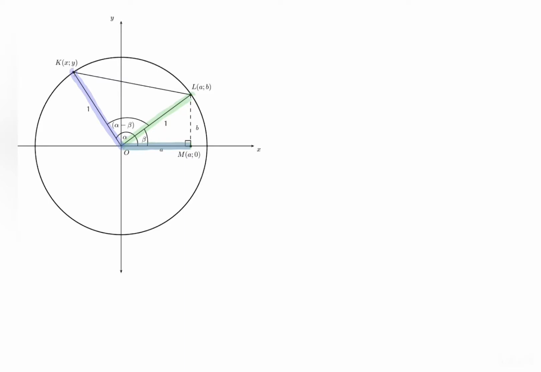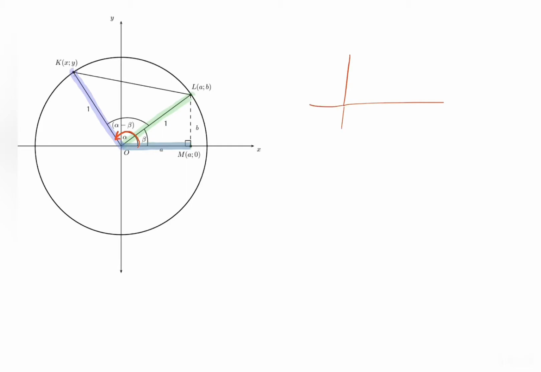So it is the positive angle from the positive x-axis going all the way to the line OK or KO. In addition to that, if you calculate the difference between alpha and beta, if you subtract these two angles, because now you have something like this.